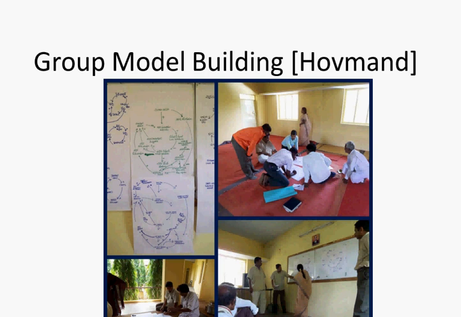So Peter Hoffman has done a lot of work in community group model building to elicit community mental models, community understanding. And much of this is about using the community to identify barriers for them and challenges that they're overcoming, but also much of it focuses on eliciting perceptions.